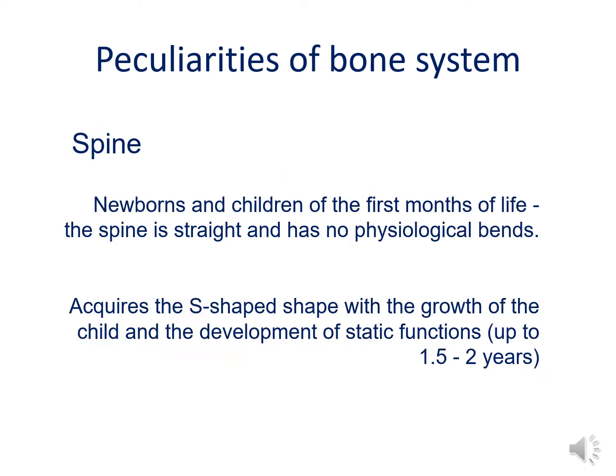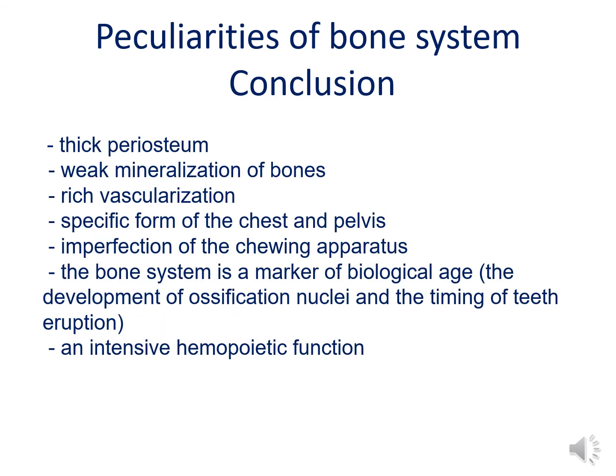In newborns and children of the first months of life, the spine is straight and has no physiological bends. The spine acquires the S-shaped form with the growth of the child and the development of static function, up to 1.5 to 2 years.